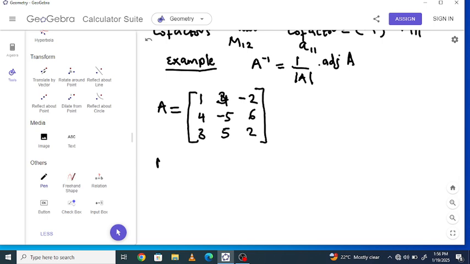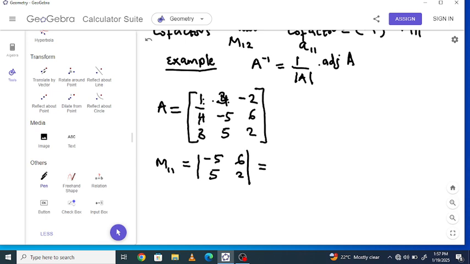We have M11, and our M11 is here, 1. So we're going to delete the elements in the first row and in the first column. We'll be left with a 2 by 2 matrix, -5, 6, 5, 2.